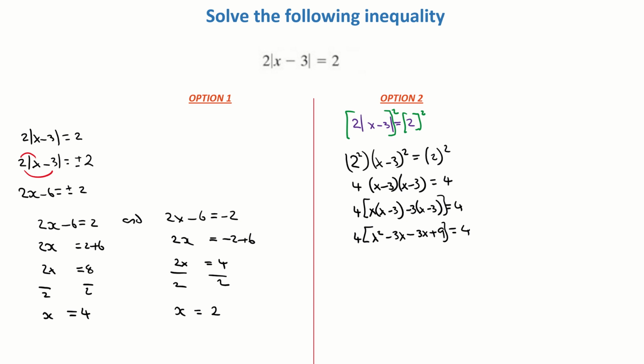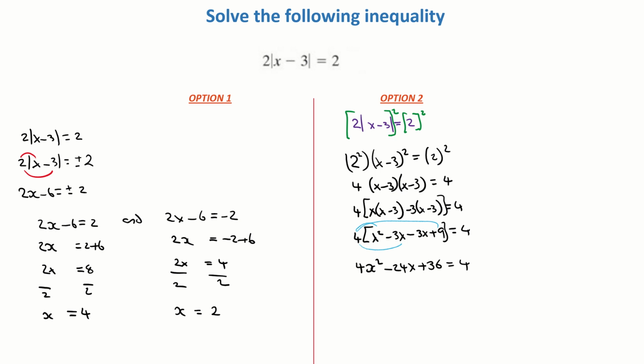Now I need to multiply in this 4, and that is giving me 4x squared. Let's add the minus 3x and the minus 3x first. That makes minus 6x, and minus 6 by 4 is minus 24x, and 4 by 9 is 36, equals 4.